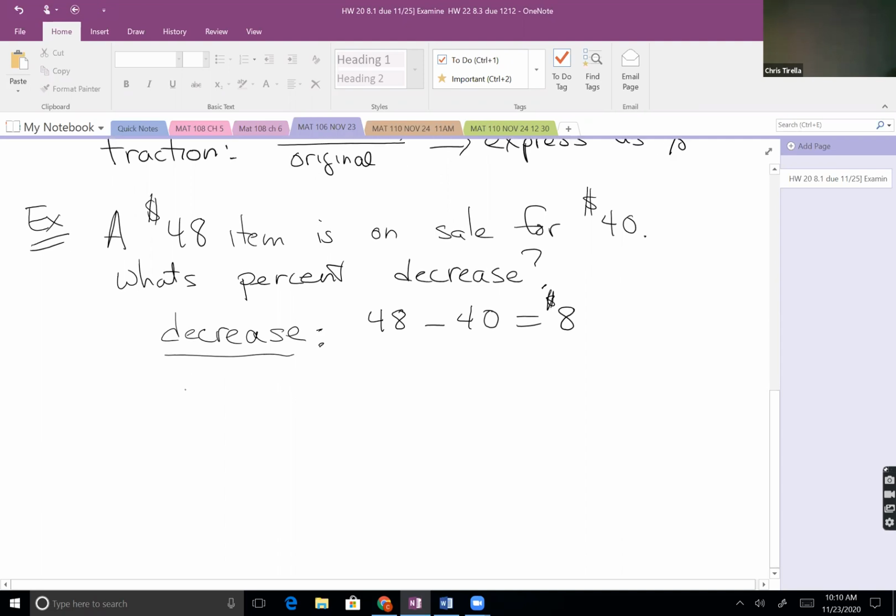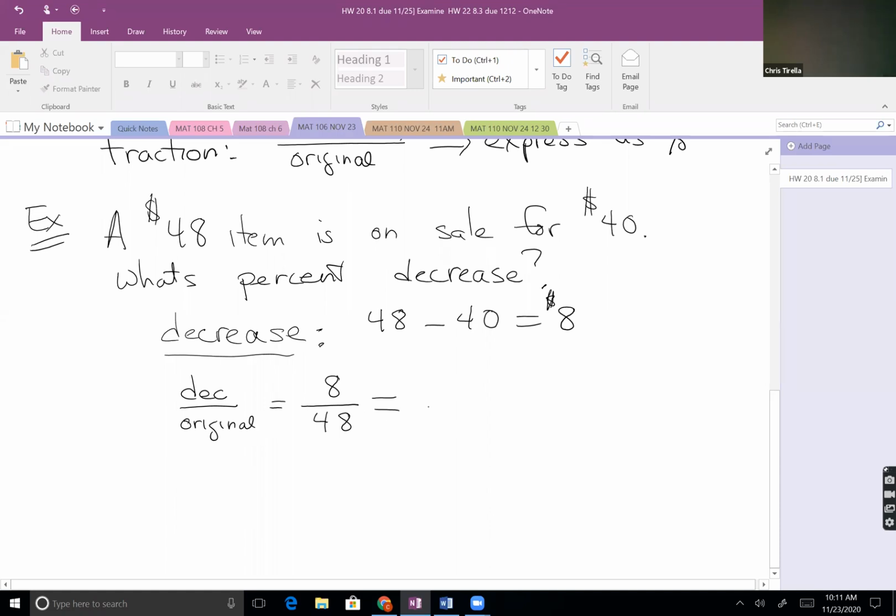Now we want to make a fraction of the decrease over the original. The decrease is $8, but what was the original price? 48. So that's going to be the fraction 8 over 48.